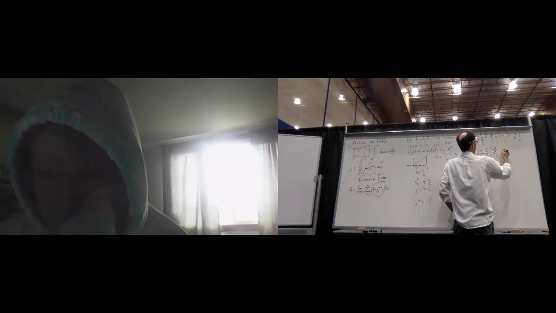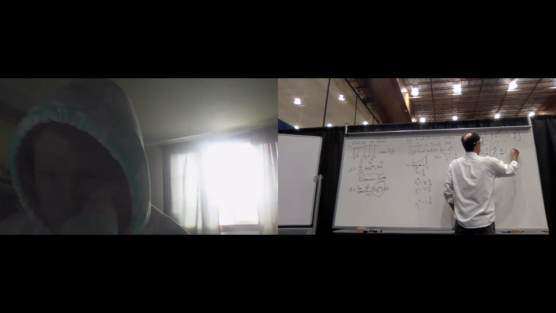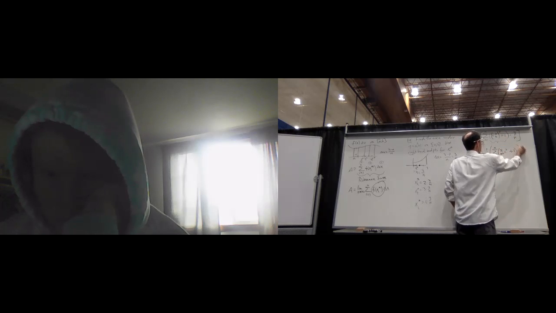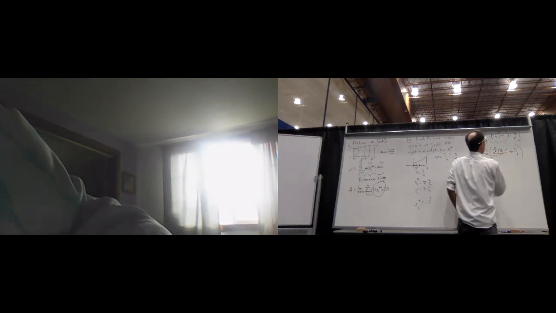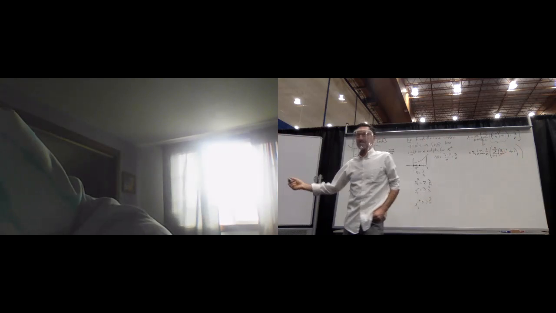If I square that thing out, I'm going to write it like this: 9 over n squared, i squared, plus 1. Looks a little bit like a 4, but it's a 9. Okay, are you with me?